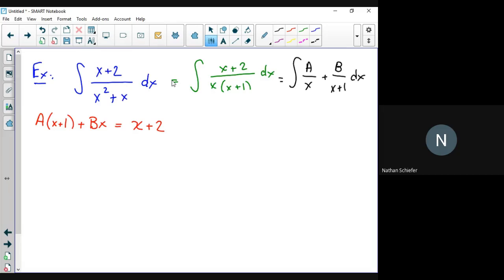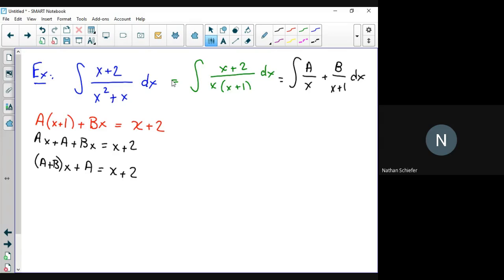Doing some simplification here, we can distribute through and get ax plus a plus bx equals x plus 2. Which means if I jump to the step where I've got my factored coefficient of x, we have an a plus b times x. We have an a, which has to equal x plus 2.